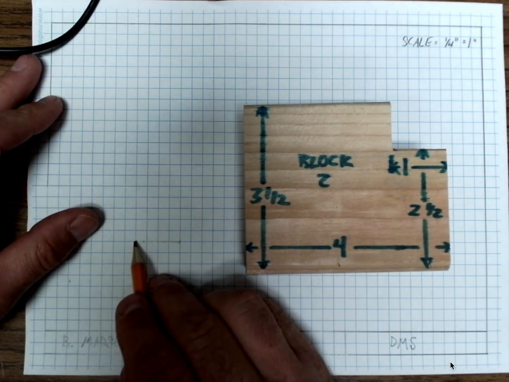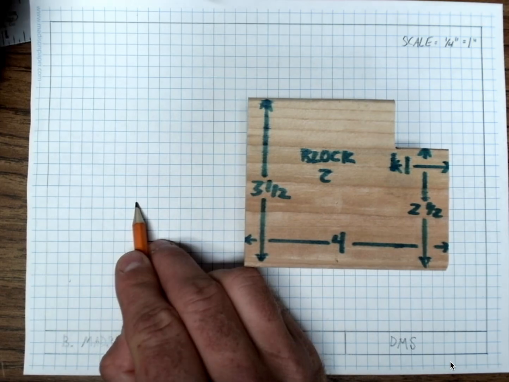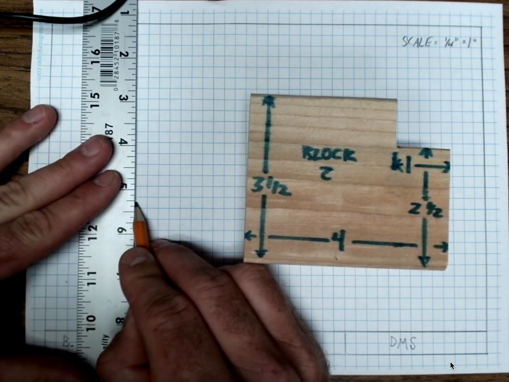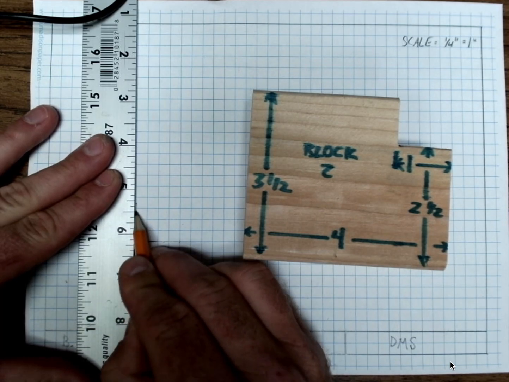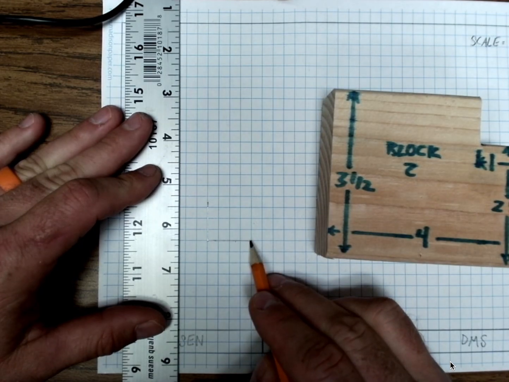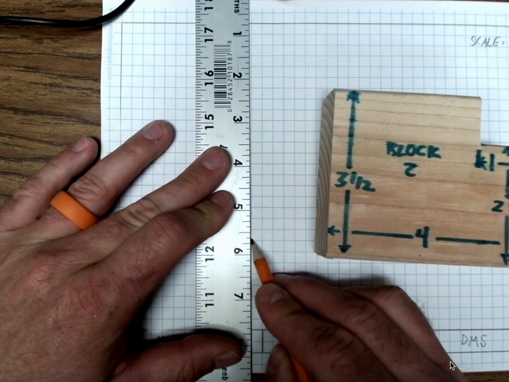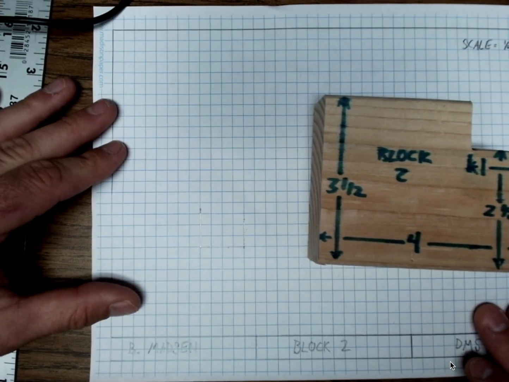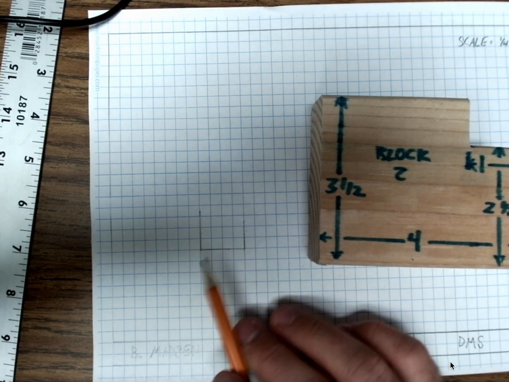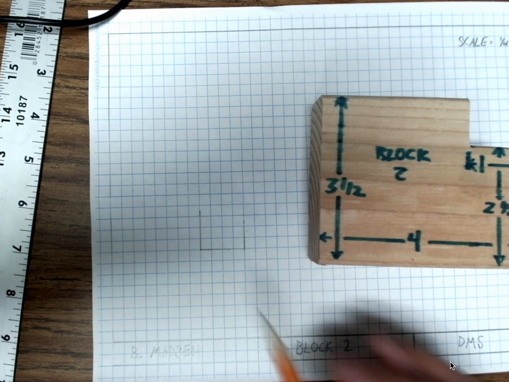So I'm going to come back to my starting point, go up 1, 2, 3.5 for the left side. And right side, 1, 2.5. Try to block that shadow for you. 3.5 on the left, 4 on the bottom, 2.5 on the right.